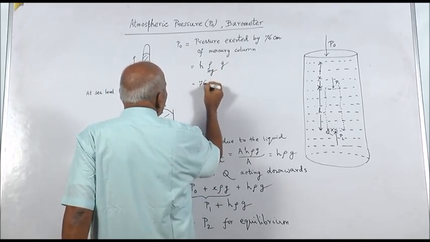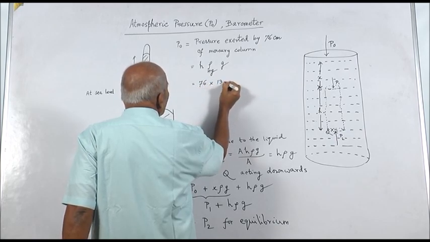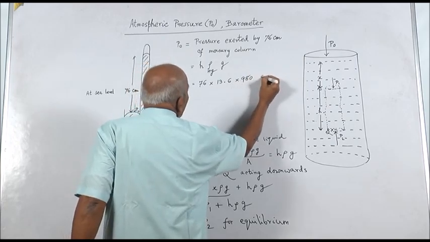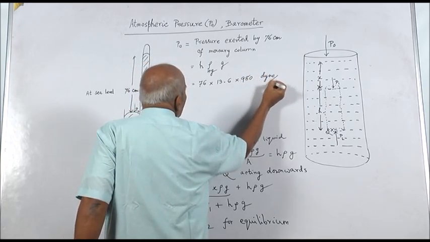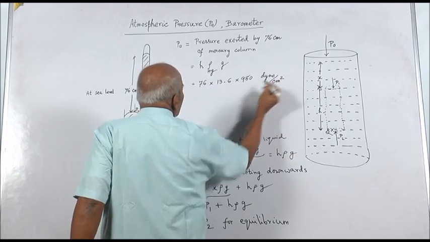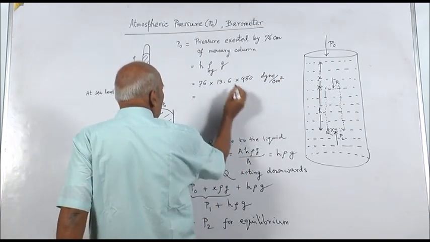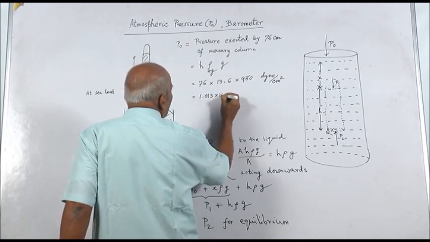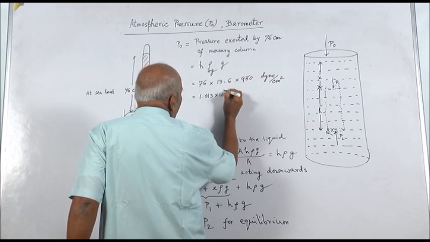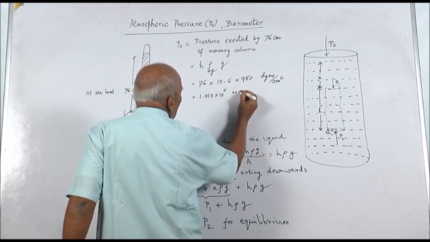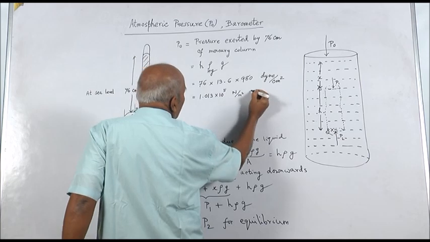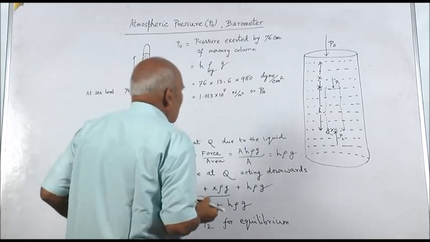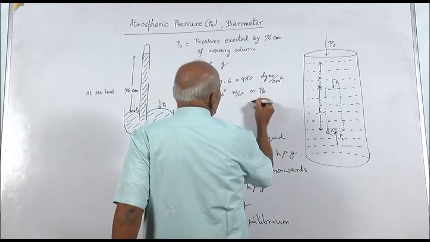So, it is 76 into 13.6 into 980, it is dyne per centimeter square. And if you calculate it, it is 1.013 into 10 to the power 5 Newton per meter square, or it is called Pascal, Pa. Pa stands for Pascal.